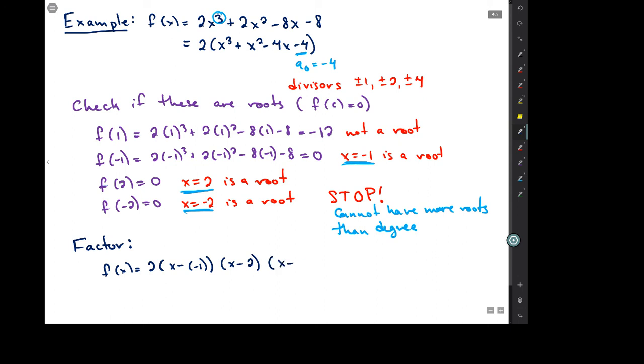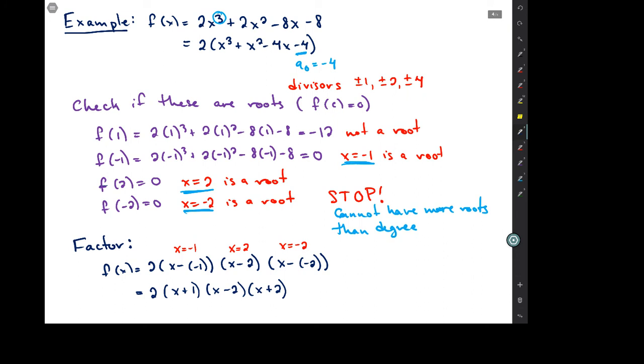And the root x equals negative 2 gives me the linear factor x minus negative 2. And so, simplifying, I know that my polynomial factors as 2 times x plus 1 times x minus 2 times x plus 2. So if I wanted to factor my polynomial, I've done it by finding all 3 roots.